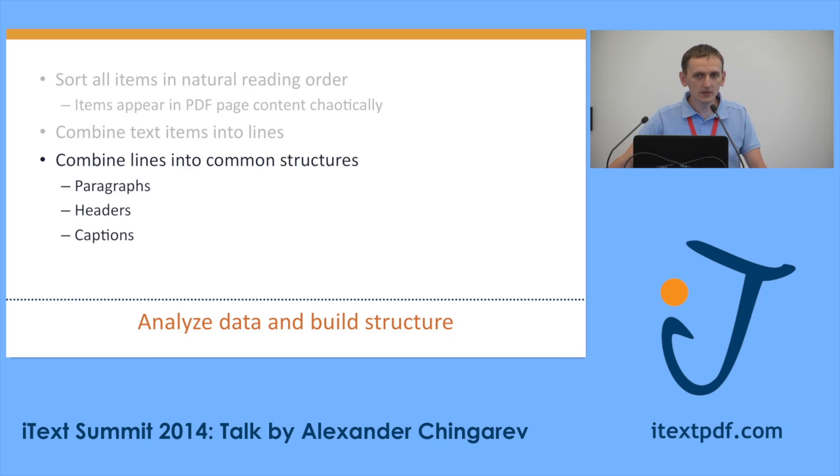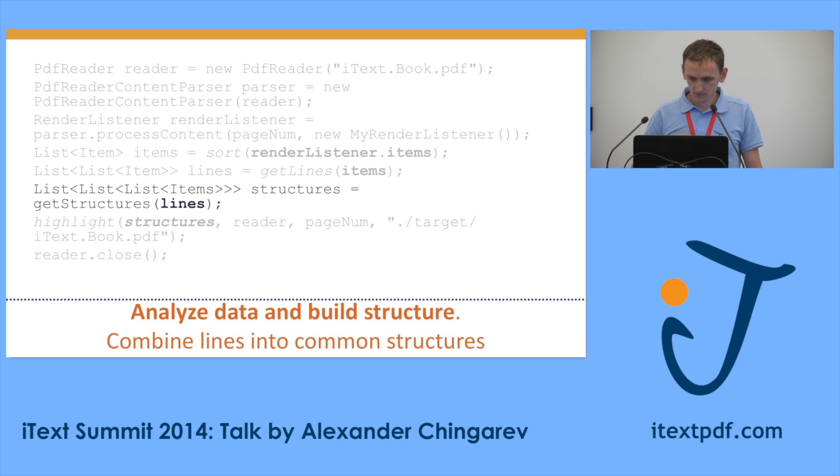And now we want to combine those lines into more common structures, such as paragraphs, headings, and captions. But in our example, headings and captions are single lines, so we have nothing to combine here. So our goal is to combine all blue lines into paragraphs.